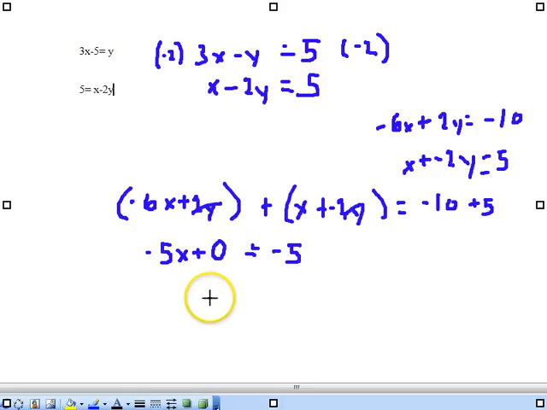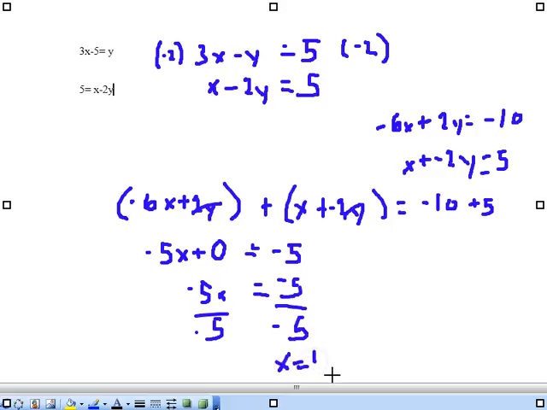Then you get negative 5x is equal to negative 5, and of course you divide on both sides by negative 5 to get rid of the negative 5, so you have x by itself. And so x is equal to 1. And that's the first part of your solution.